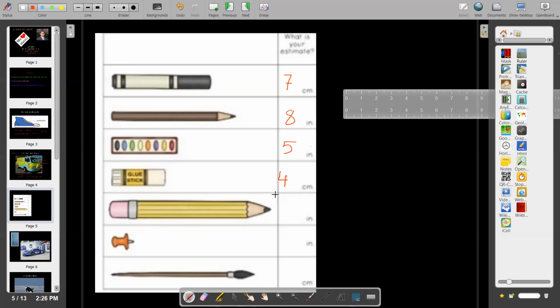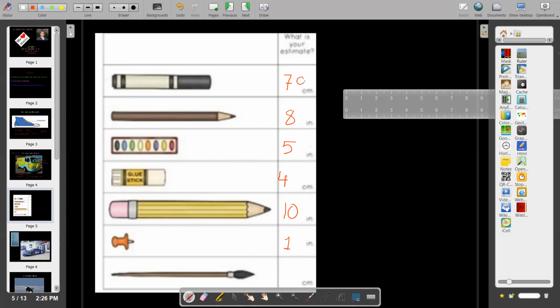The pencil is larger than all of them, so I can't say it's 7 or 8. I think it's more than 8. I can say it's 10 or 12 centimeters. This will be a good estimate. This pen is about 1 centimeter.